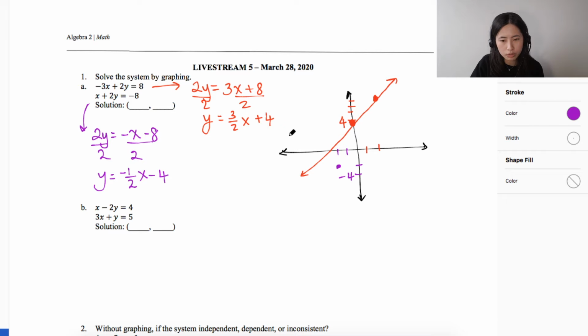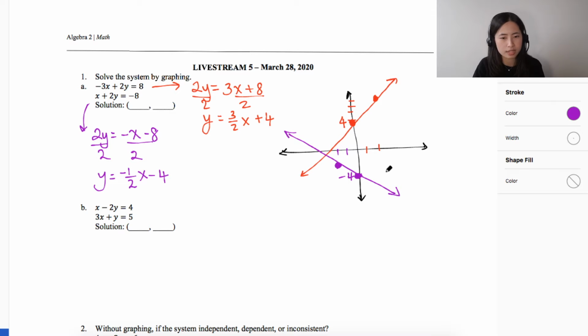When you plot these two points, you're going to see that you have a point of intersection, and that's what we need to find out. The line is meant to pass through this point and this point, because you have a y-intercept at negative 4.